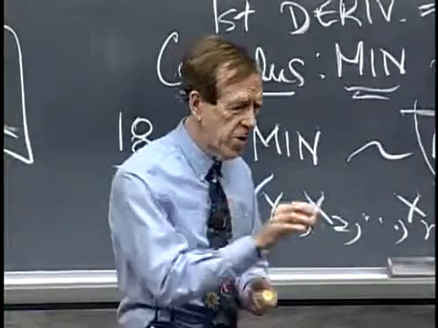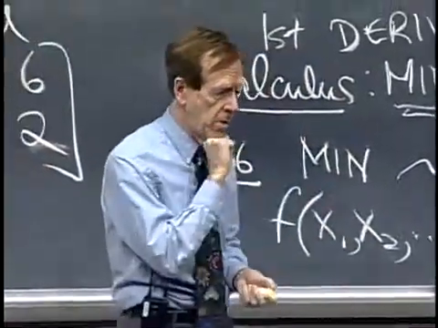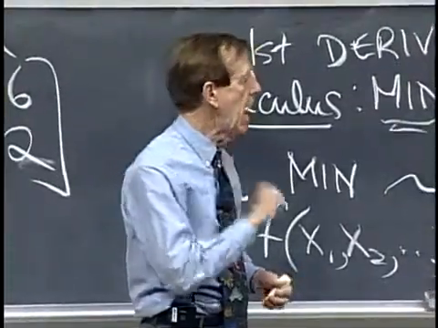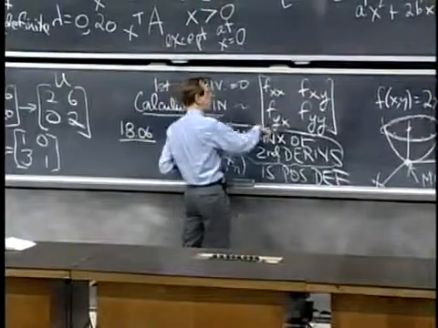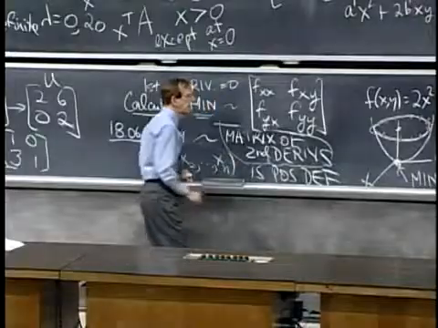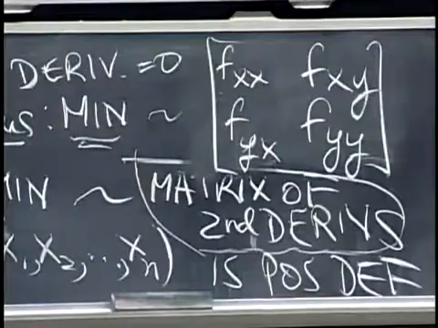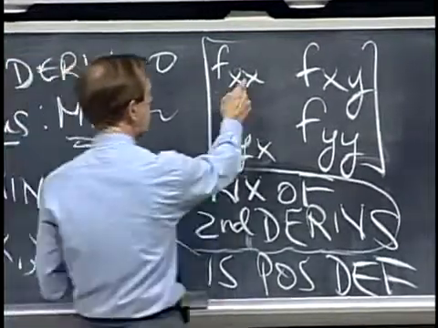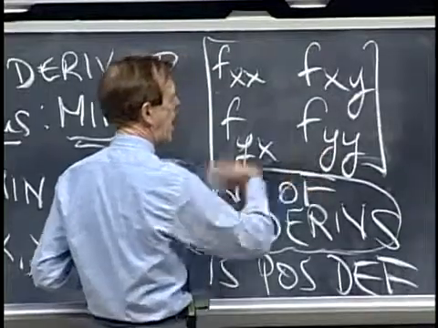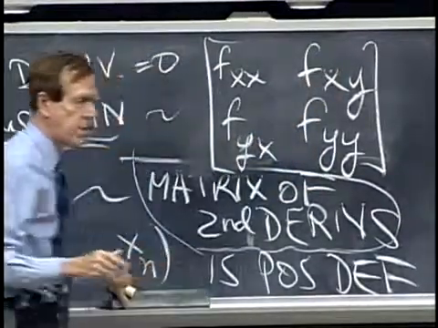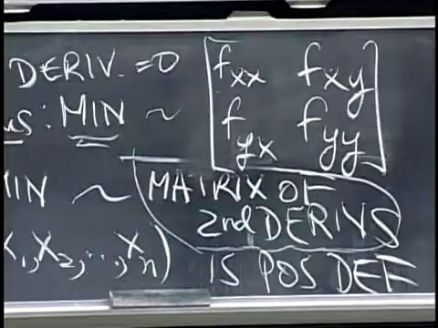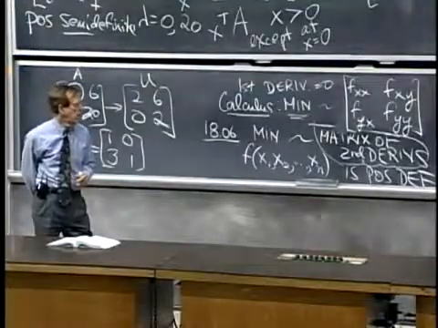The condition is first derivatives have to be 0, and the matrix of second derivatives has to be positive definite. So you maybe remember there was an fxx times an fyy that had to be bigger than an fxy squared. That's just our 2 by 2 determinant.